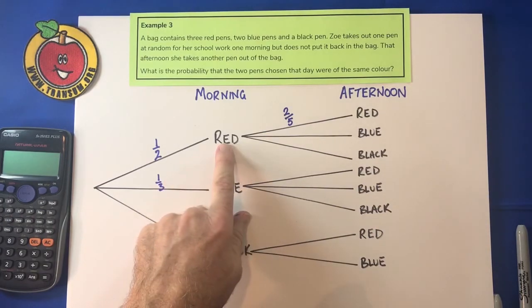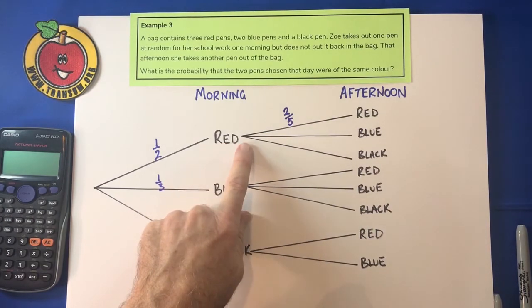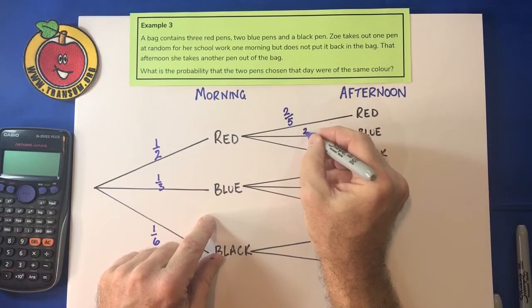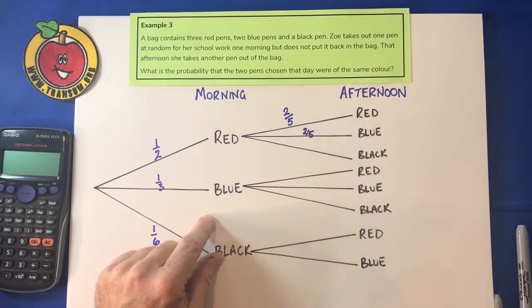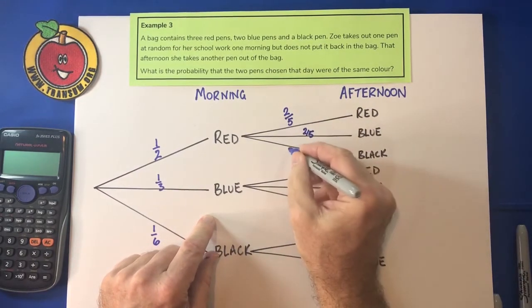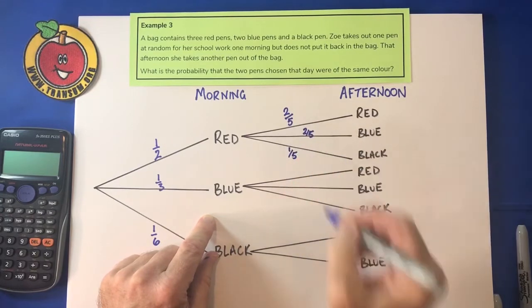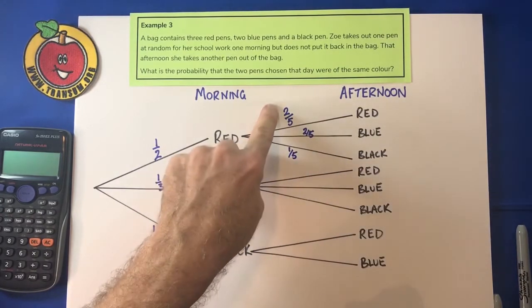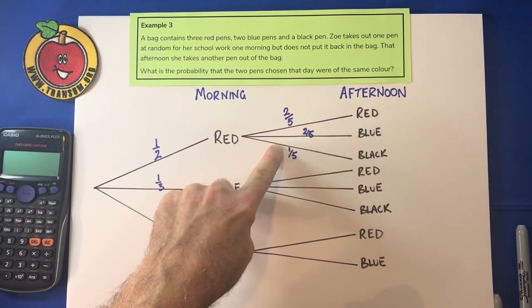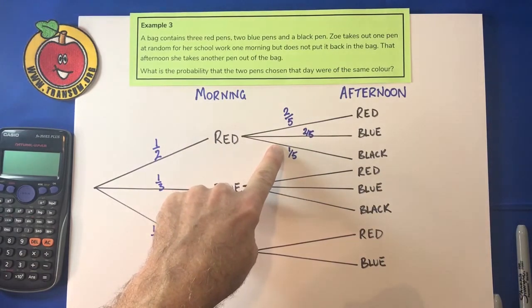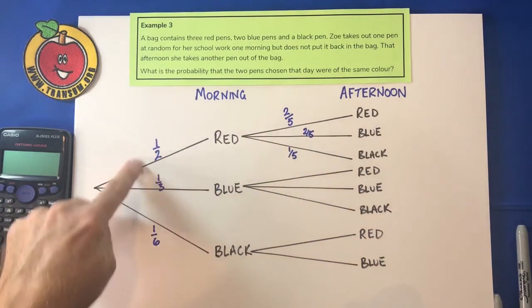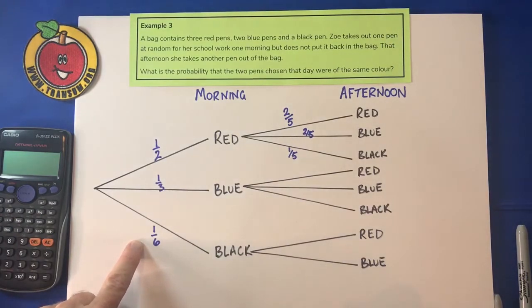If she's taken a red pen out, there'll still be 2 blue pens in the bag, so this fraction will be 2/5 as well. And there's only 1 black pen, so that'll be 1/5. Just check that those 3 numbers add up to a whole, or 1. Yes, they do. And those 3 numbers add up to a whole as well.